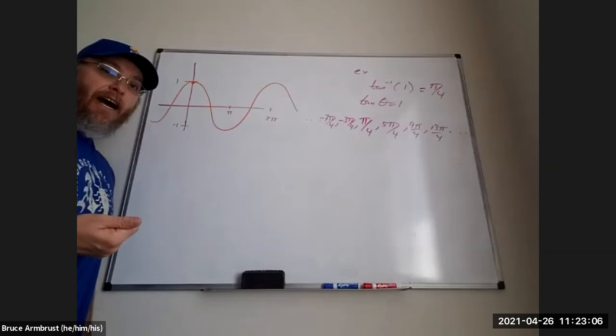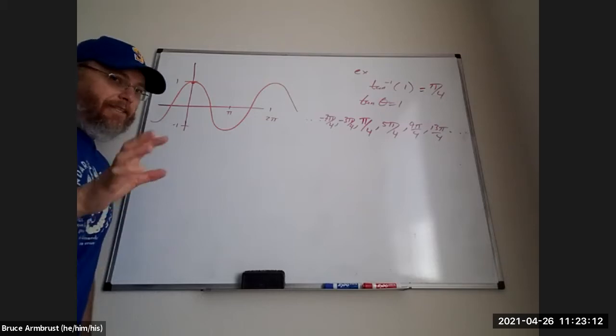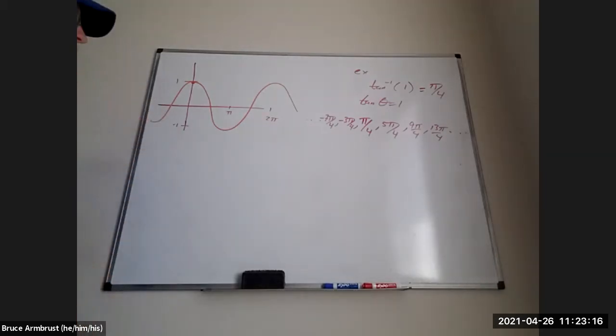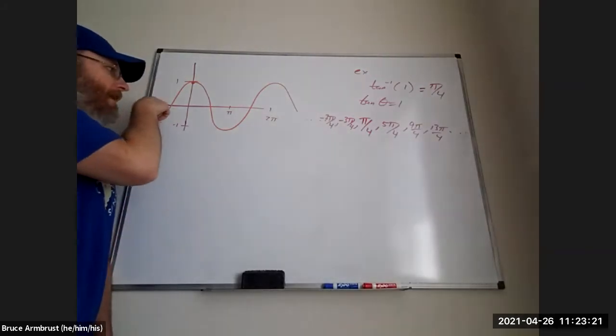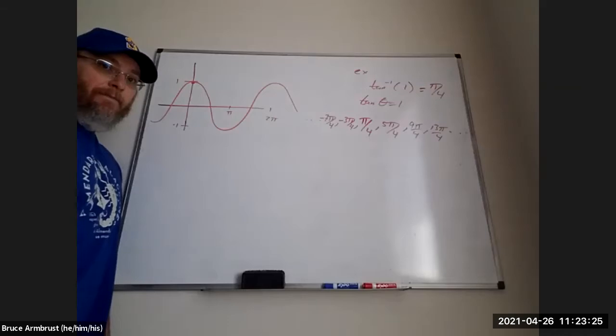And if your function is not one-to-one, it doesn't have an inverse. Okay, so that's just the thing about inverse functions. And if you look at the graph of cosine, you can clearly see that it's not one-to-one. I mean, look at the x-axis. It's a horizontal line that intersects this graph more than once.